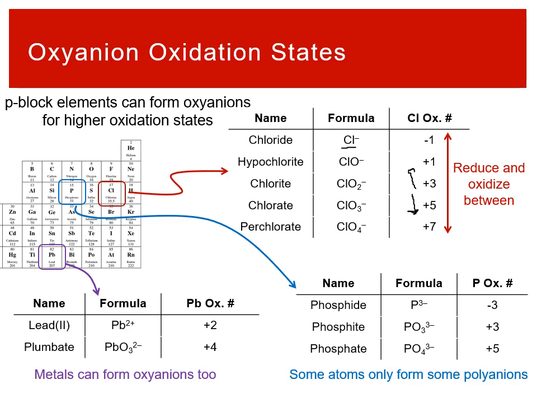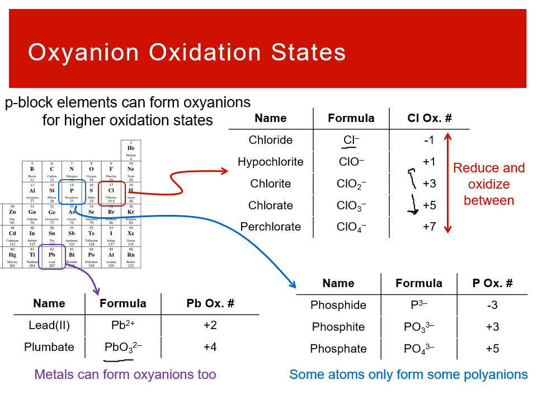For example, lead. Metals in the p block, or even some of the transition metals, can also form oxyanions, where you get, say, PbO3 2-, called plumbate, which has a different oxidation number than an atomic lead cation. So you have all of these possibilities.